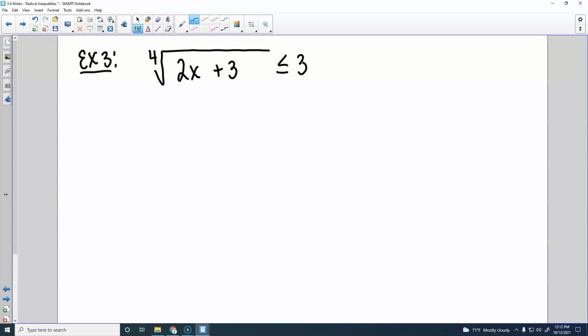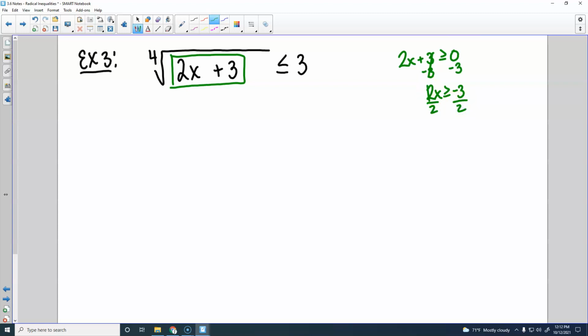If I have a fourth root problem, I still have to check my domain, because with any even numbered root, whatever is underneath the root has to be greater than or equal to 0. So I still have to do 2x plus 3 is greater than or equal to 0 here. So 2x is greater than or equal to negative 3.